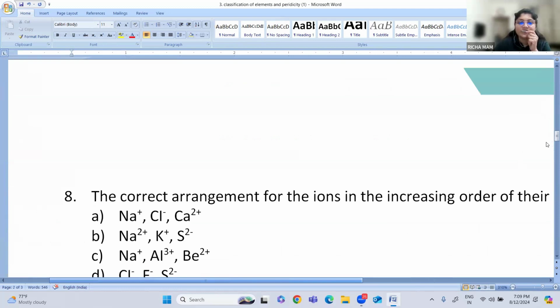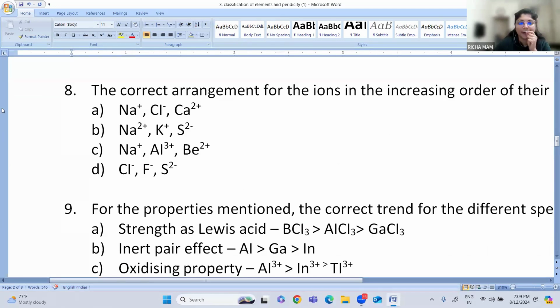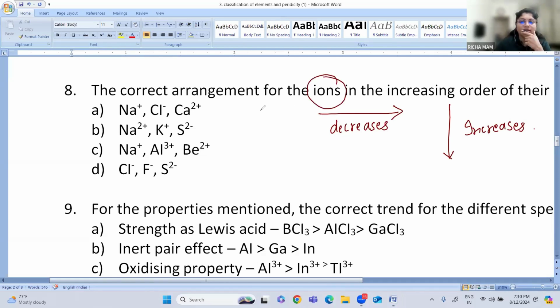About atomic radii: as you go across the period, the radius decreases, and as you go down the group, the radius increases. Here they are in ion forms. Can you tell me the arrangement?